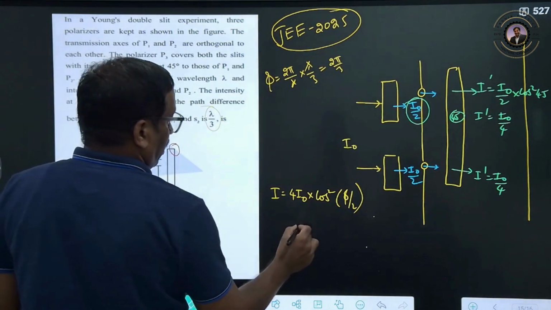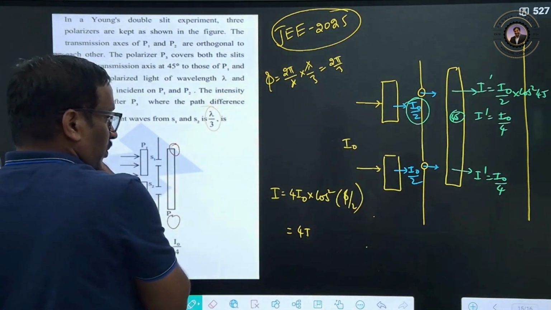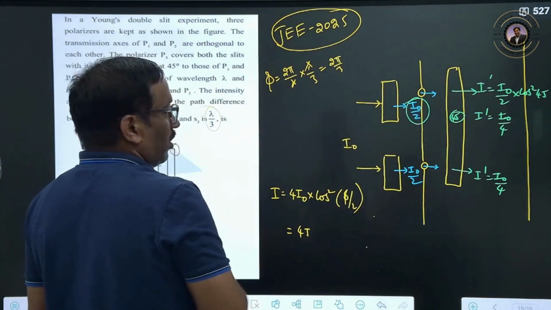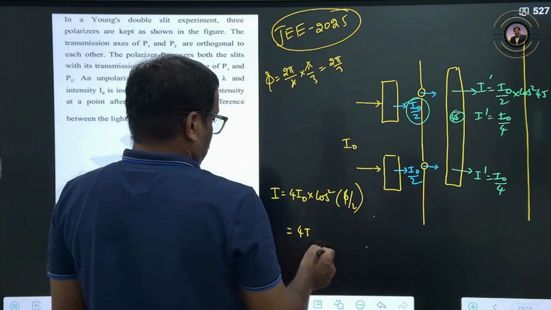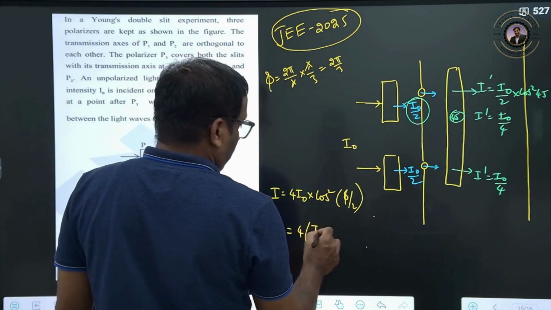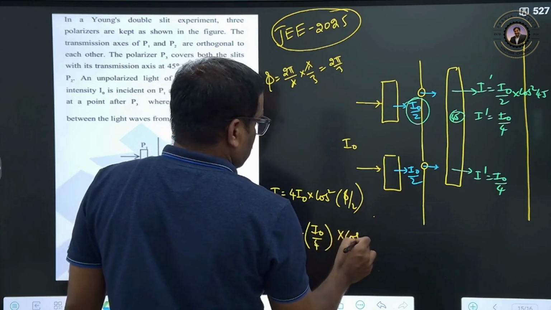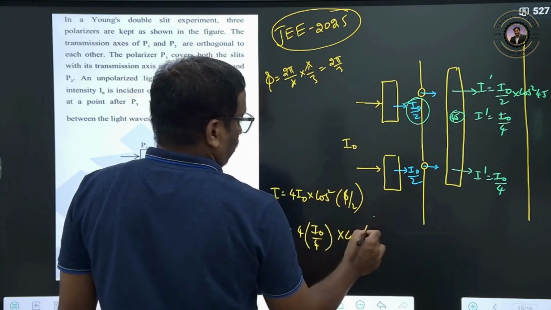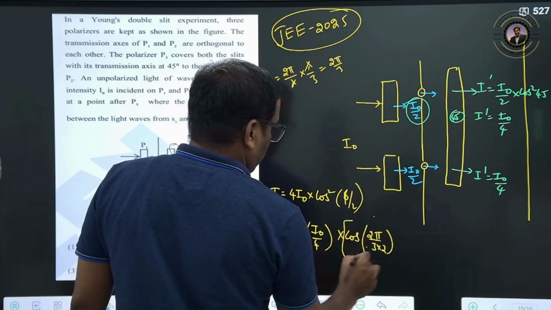Therefore here we can write 4 I naught, where I naught is the intensity here, so I naught by 4, into cos of phi by 2, which is 2 pi by 3 divided by 2, whole square.